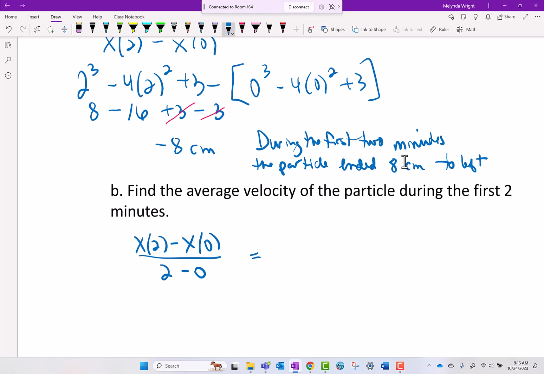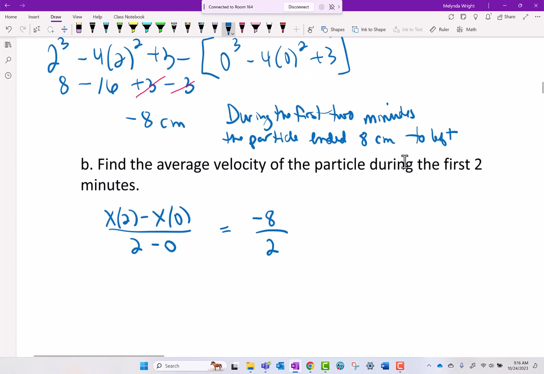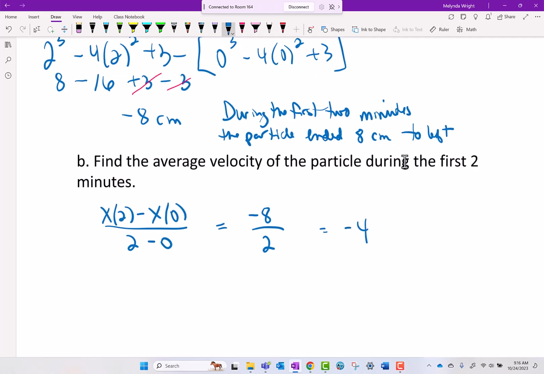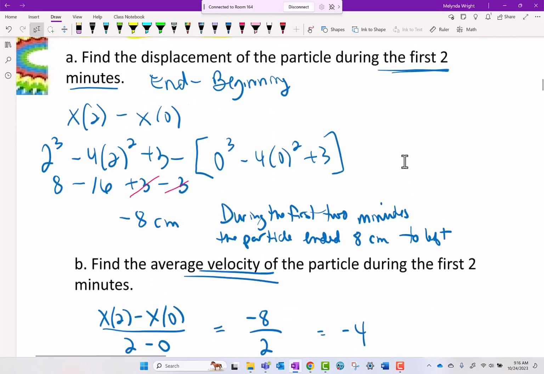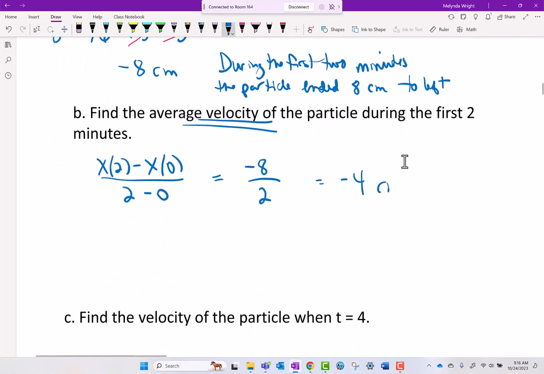So x of 2 minus x of 0 was negative 8. 2 minus 0 is 2. So that's negative 4. And this is velocity. Since it's average velocity, our units are like distance by time. So what is it again? It's centimeters per minute.